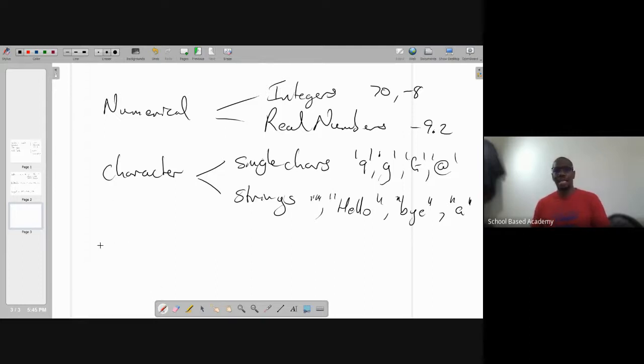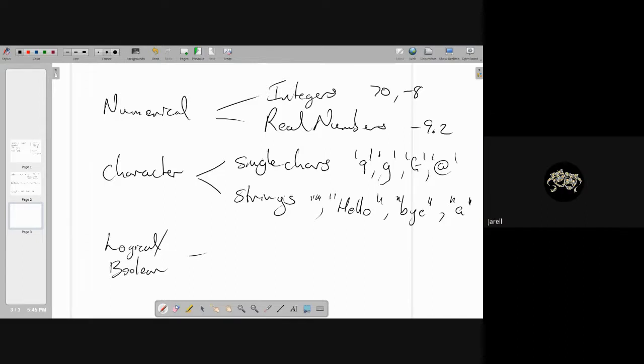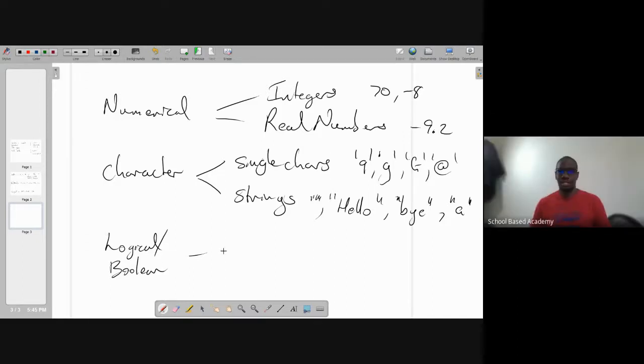And the last thing that we had was the logical or Boolean data type. What is the entire data set of this data type? True or false. Thank you. So we have true and we have false. I'm writing it in a different color just to show that this is the data set, nothing else inside of there.